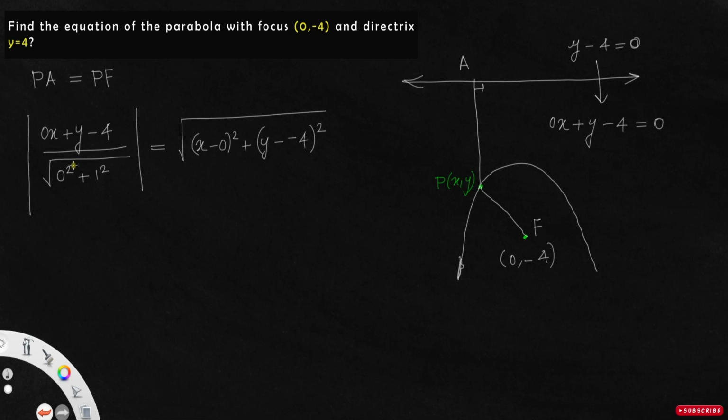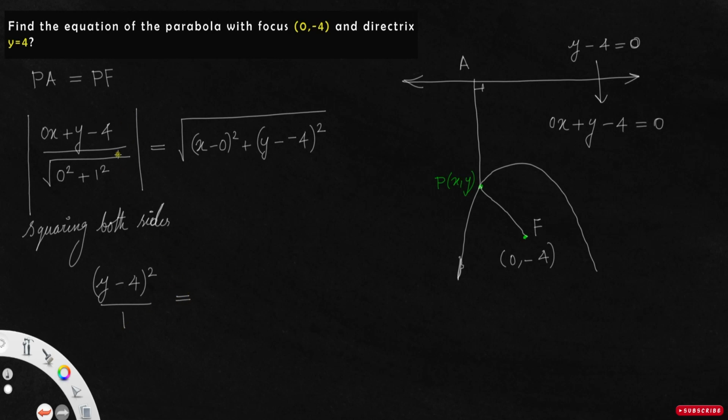Okay. So in order to remove the square roots, I have to square both sides. So squaring both sides, this will be, see, no need to write 0x. So y minus 4 whole square divided by, root of 1 square is root 1, so root of 1 is 1 itself.